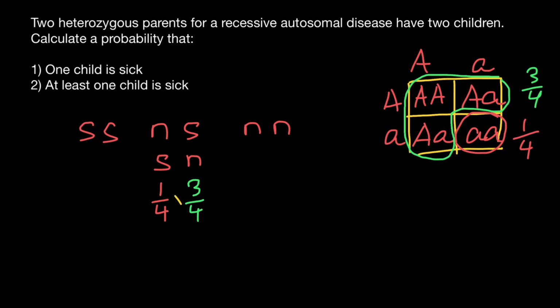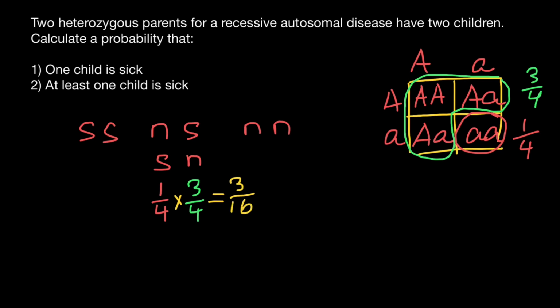Now let's multiply these two independent probabilities. We have to multiply them because we connect two independent probabilities with the word and. What is the probability that the first child would be sick and the second would be normal? In this case we use the product rule.